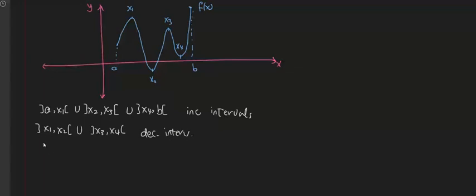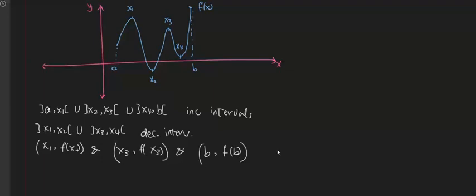Also, we can say that x1 and its corresponding f, because this point seems to be located and defined in the function, and x3 and its corresponding y, and as well b and f of b are local or relative maximum peaks, right?